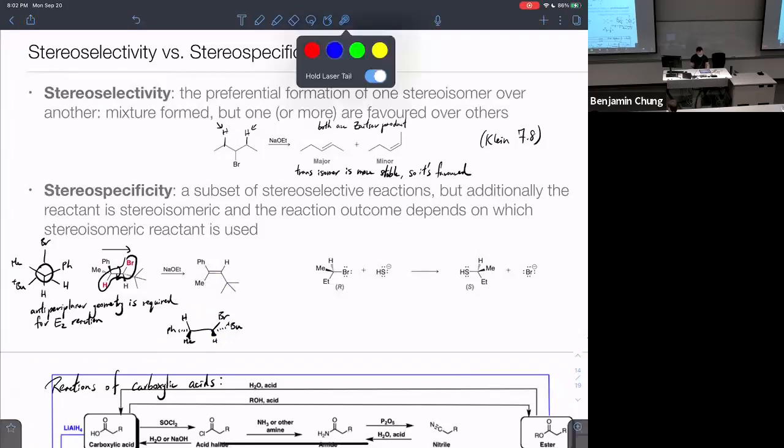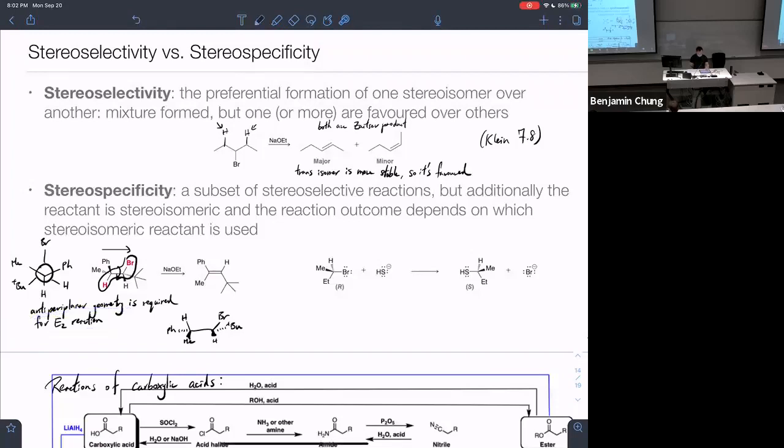But in order to generate that alkene isomer, you would have to have the hydrogen carbon bromine bond have a 0 degree dihedral angle. And that would not give you a productive E2 reaction because it doesn't give you the proper anti-periplanar geometry that is required.